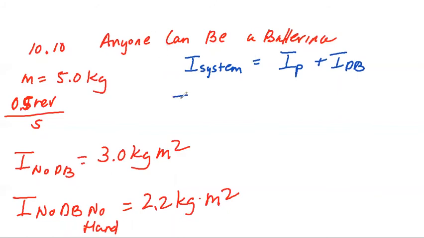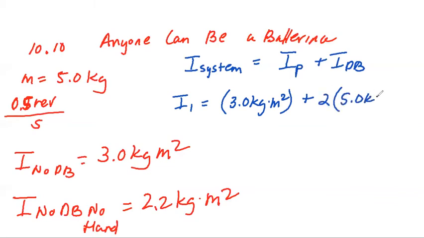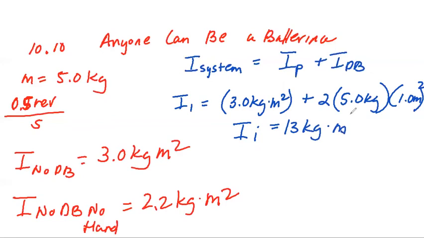So I initial is going to be equal to 3.0 kg times meter squared plus 2, because you got 2 dumbbells and they're 5 kg each, times 1.0 meter quantity squared. So this I initial is going to be equal to 13 kg times meter squared. And we know omega initial, once again, is 0.5 rev per second.